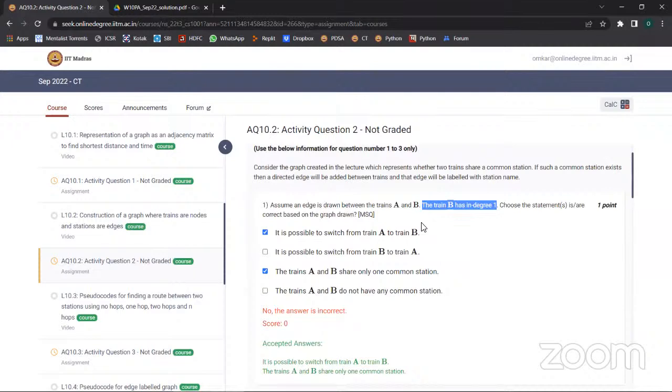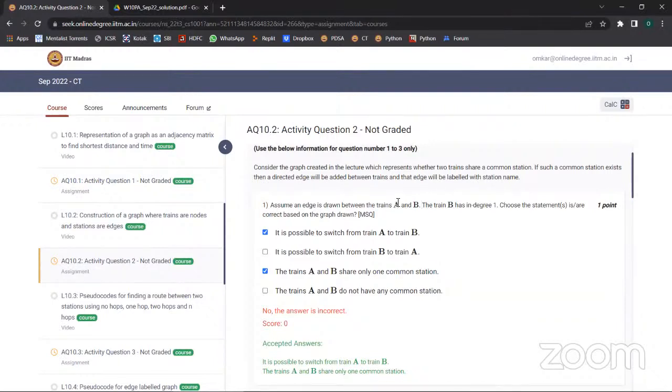So, Prashant, what is happening is B has in degree 1, right? Yes, sir. Now, what does that mean? There is an edge from A to B, and B doesn't have any other incoming edge, correct?